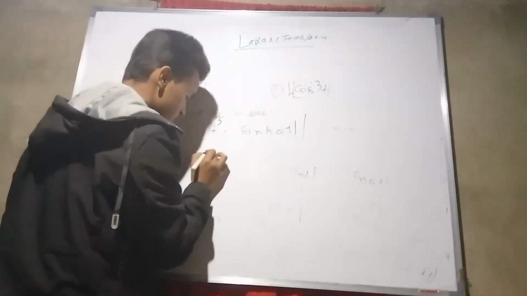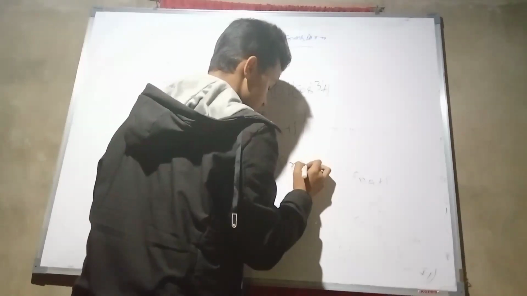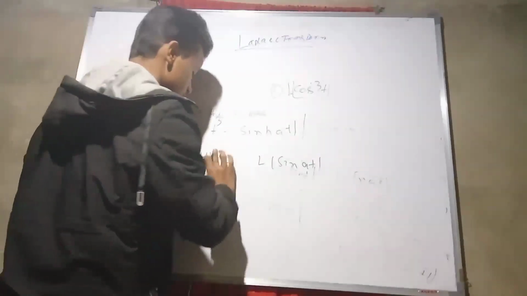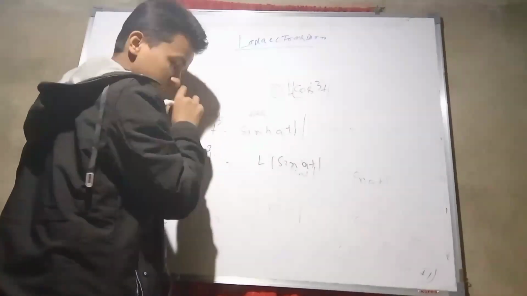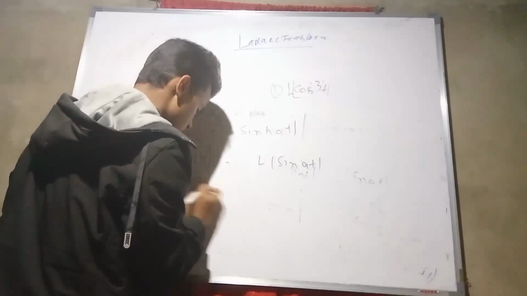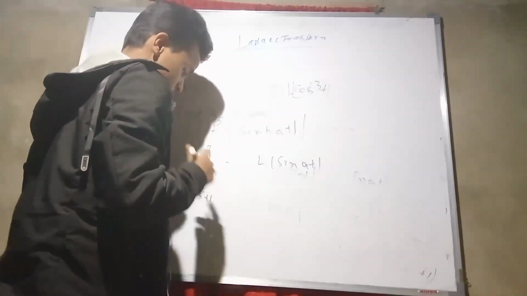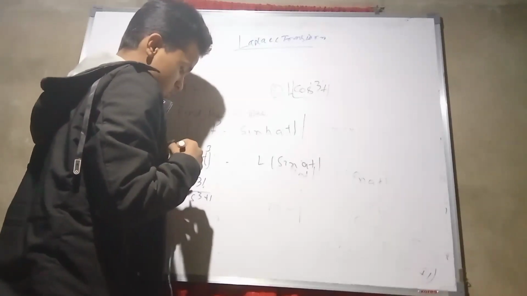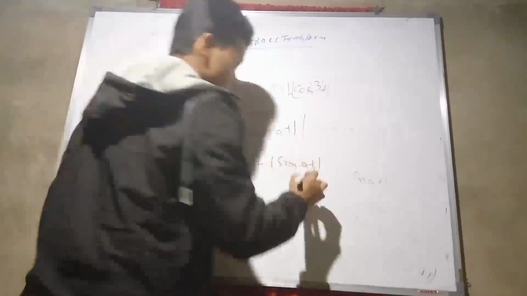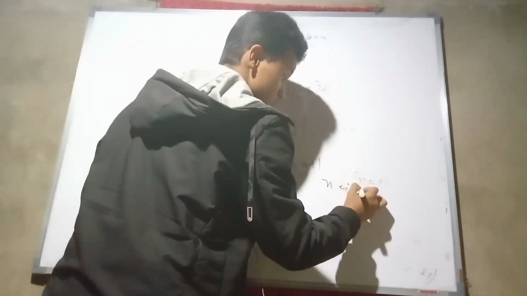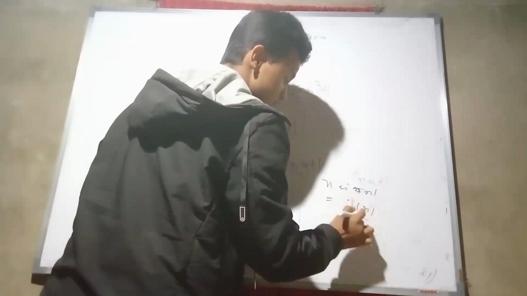How to find it? Laplace transform of t cube minus Laplace transform of sin hyperbolic at. Here we have 3, an integer, not any fraction, so that gives us 3 factorial upon s^(3 plus 1). Using the formula when n is an integer, that gives us n factorial upon s^(n plus 1).